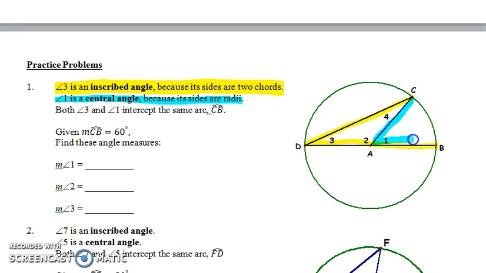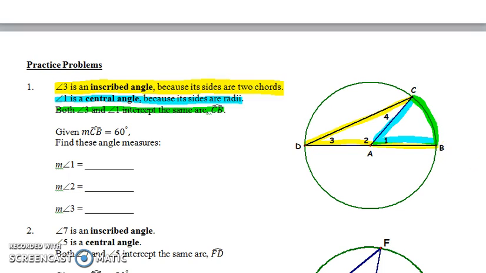So angle 1 is going to be this angle. And then the last statement here says that both of these angles, angle 3 and angle 1, intercept the same arc. So this arc is across from both of these angles, or that arc is formed by both the inscribed angle, angle 3, and the central angle, angle 1.